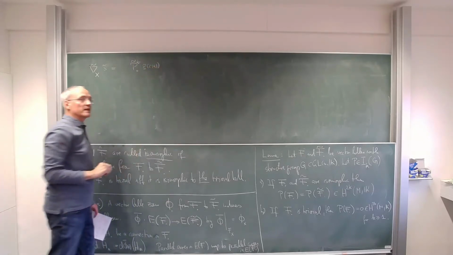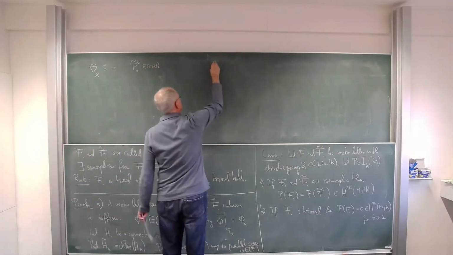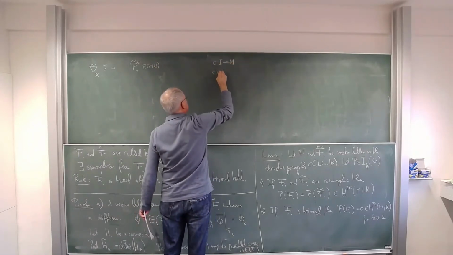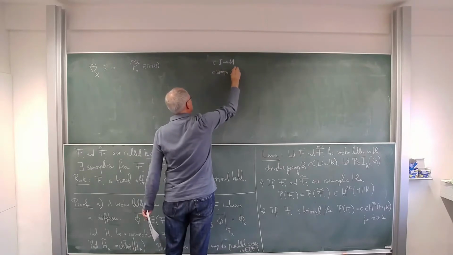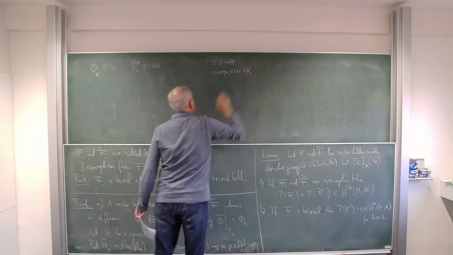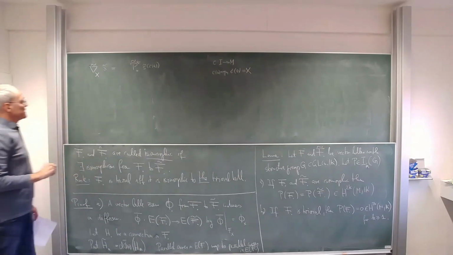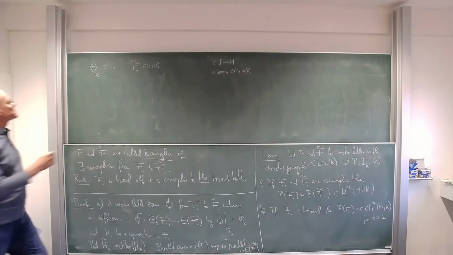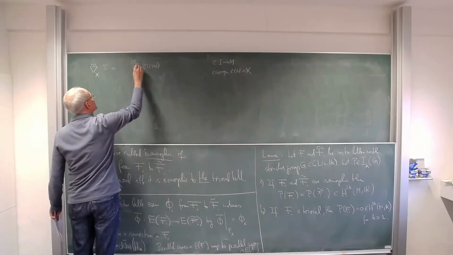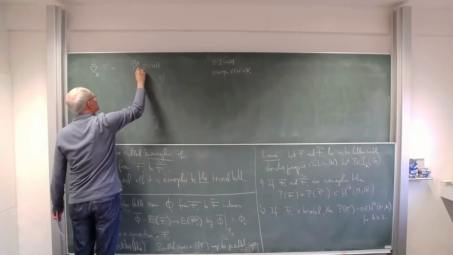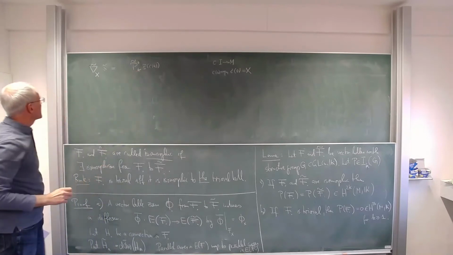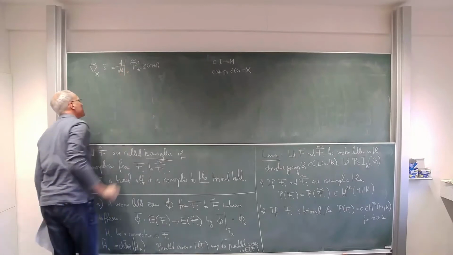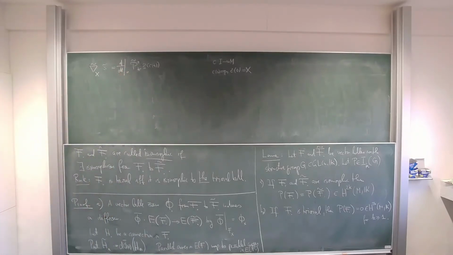So C is a curve in M, C of 0, let's say, call it P, and C dot of 0 will be X. So we take this curve along C, then we parallel transport everything back, from t to 0, and then we differentiate at 0. This was the definition of the covariant derivative.